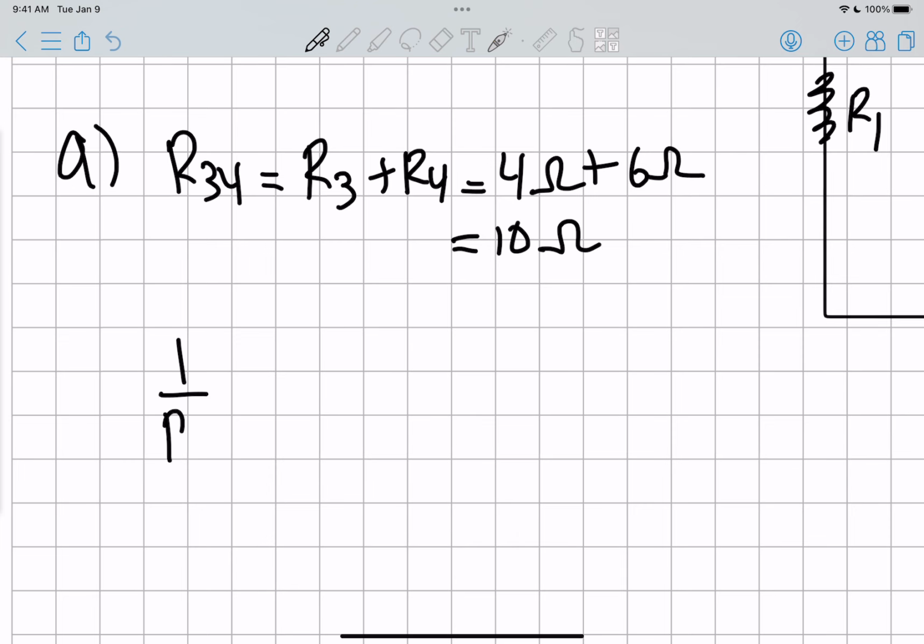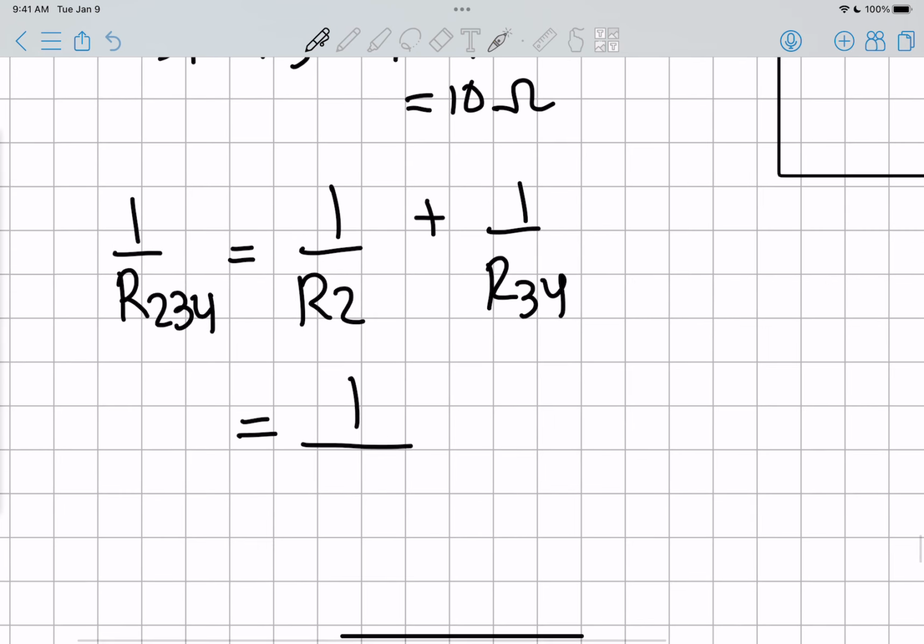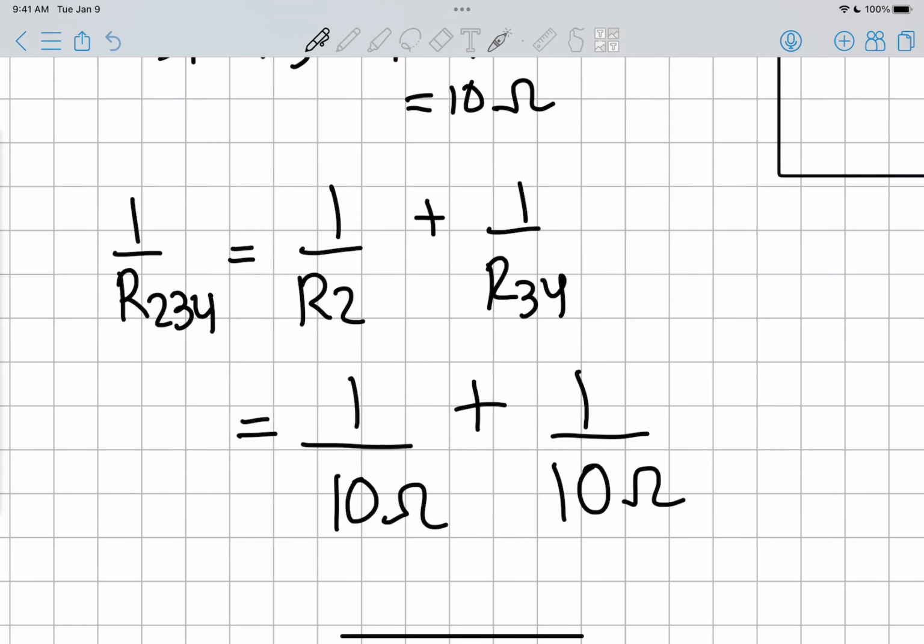So 1 over R234 is what we're trying to get, right? That combination would be 1 over R2 plus 1 over R34. Well, R2, they said, was 10 ohms. And R34, we already discovered to be 10 ohms as well, right?